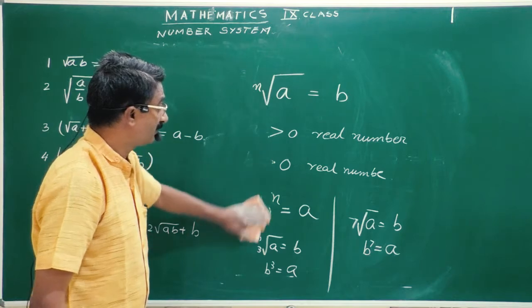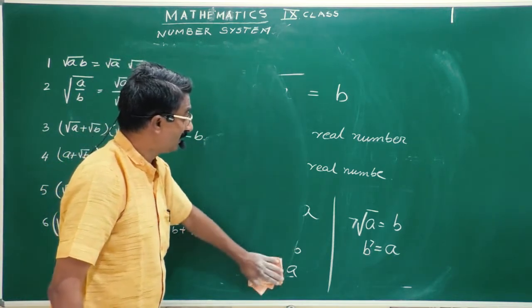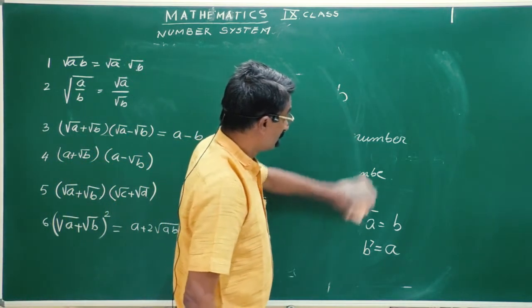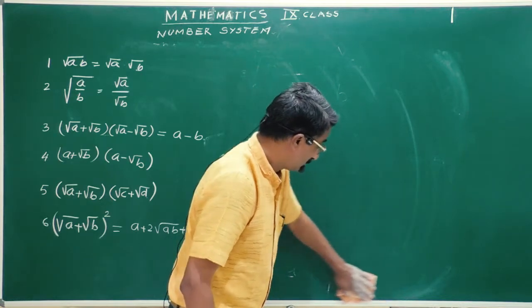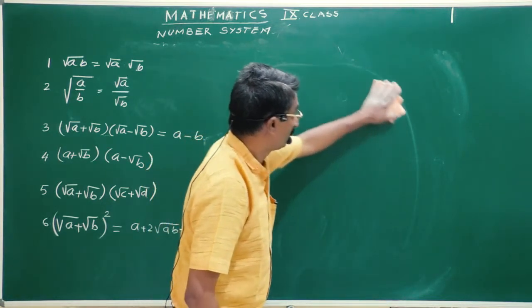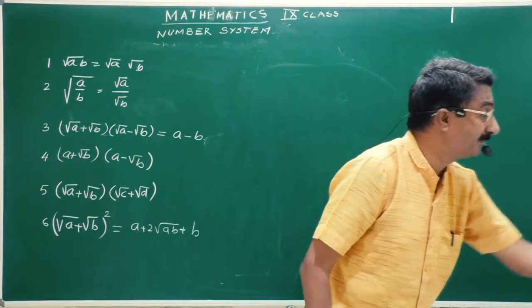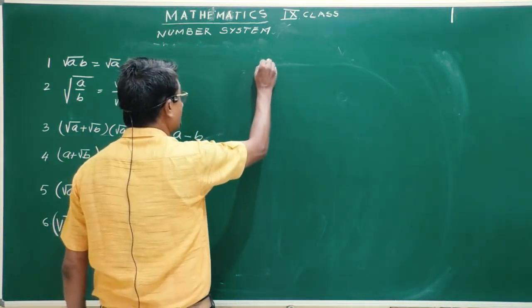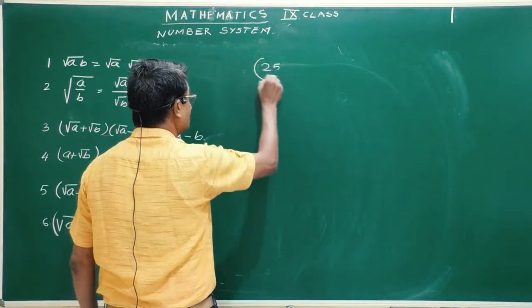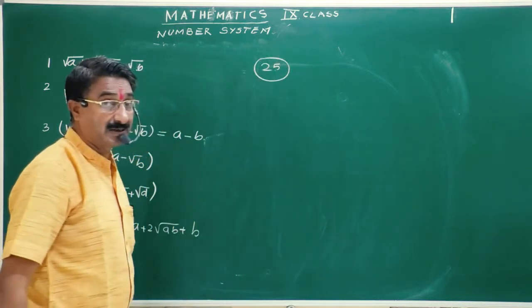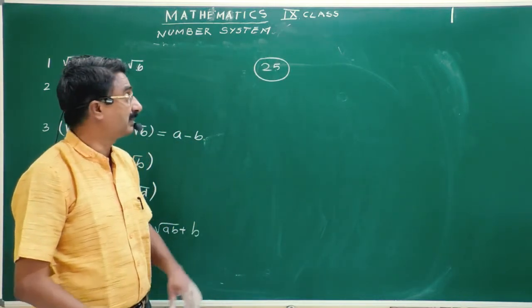Now one thing you have to remember, you are in ninth class, you must remember by heart, so you can reply immediately, the tables up to 25. Tables up to 25, it is very compulsory.